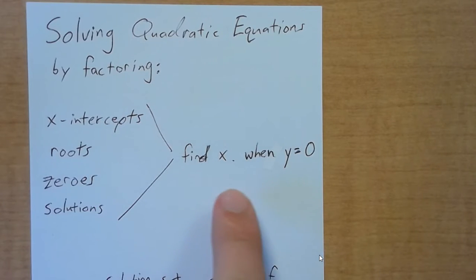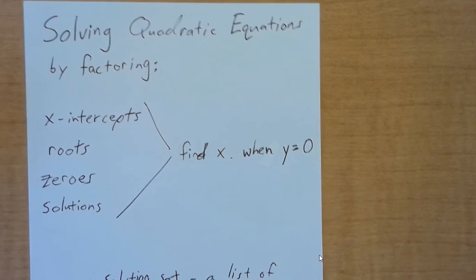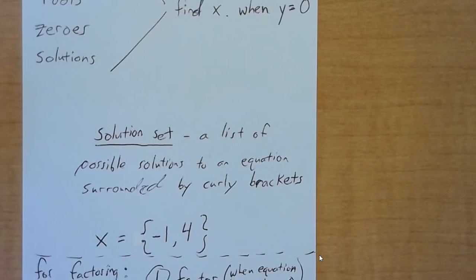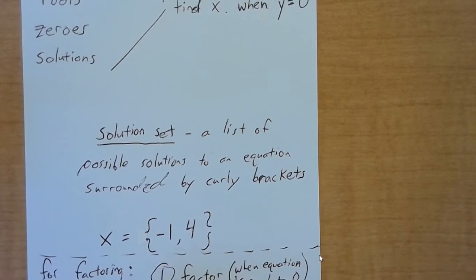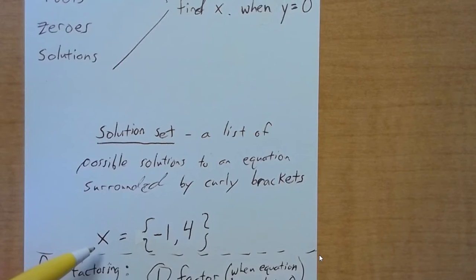You need to find x when y is 0. So here is how we usually report our solutions, because with quadratics we can have multiple solutions. They tend to be listed in between curly brackets. So this tells us that the x values, the solutions to this, whatever problem it was, are -1 and 4.